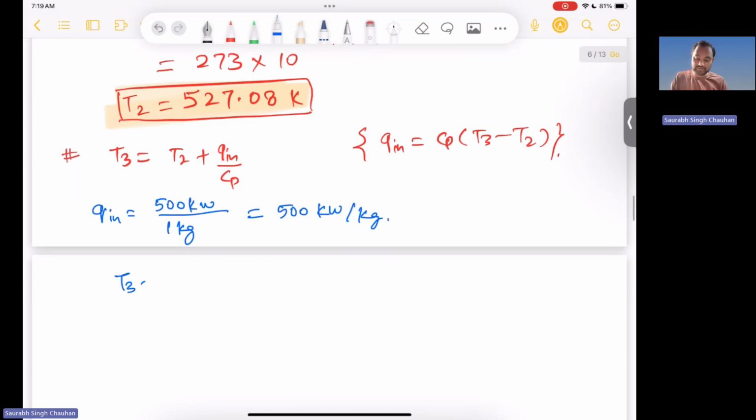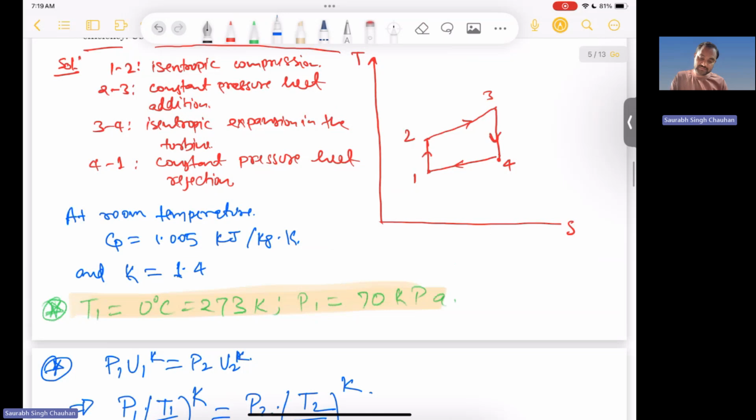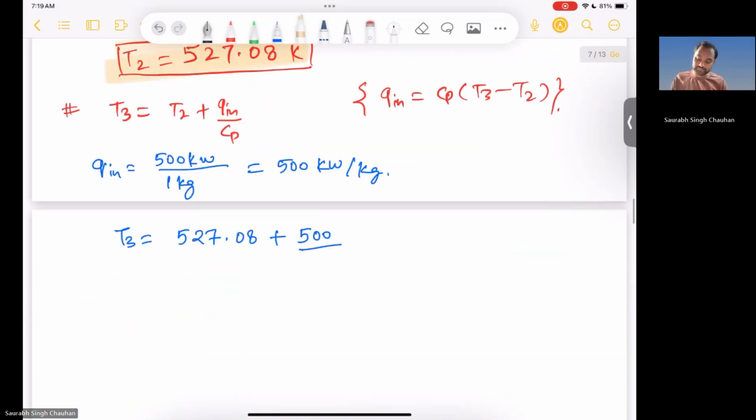So T3 you can write as T2, which we have already calculated as 527.08, plus 500 divided by Cp. What is Cp? We are using this value of Cp, which you can check in any property table for air. Cp we are using 1.005.